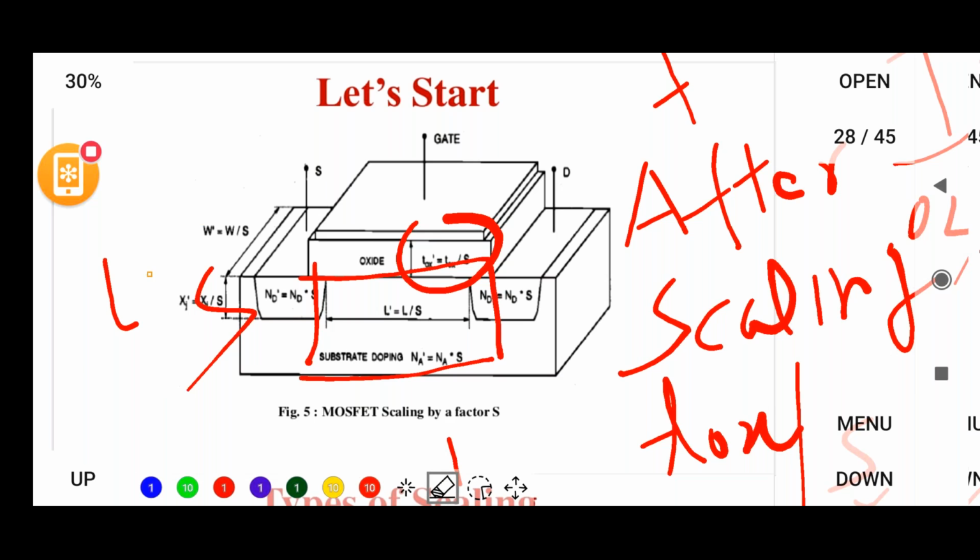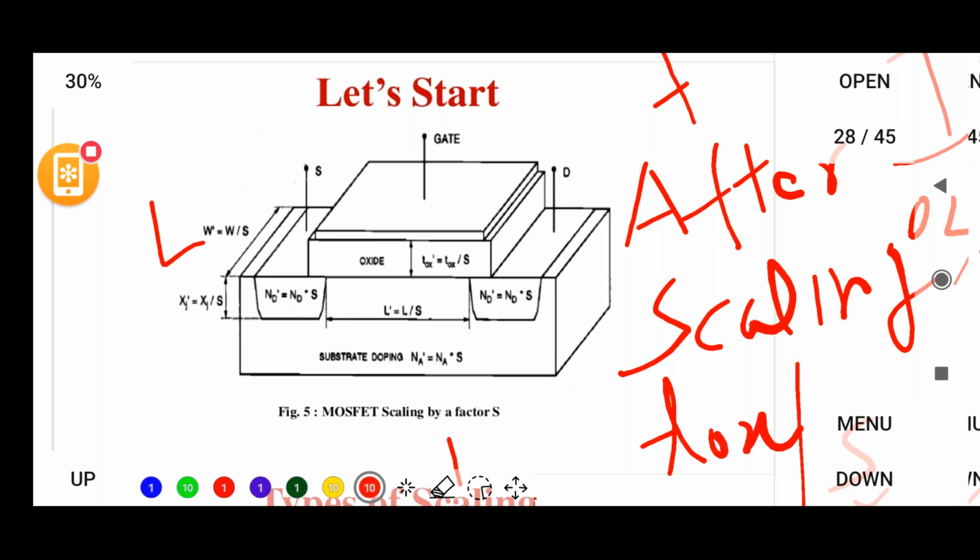Okay, but one more thing you observe very carefully. If you reduce some dimension, then other parameters are also affected. Your electric field is also affected in the device. Electric field is increased. There is some problem. If you change the dimension, if your L is changed or your W is changed, then of course the other parameters are also affected. We will discuss this part, how to compensate the electric field.